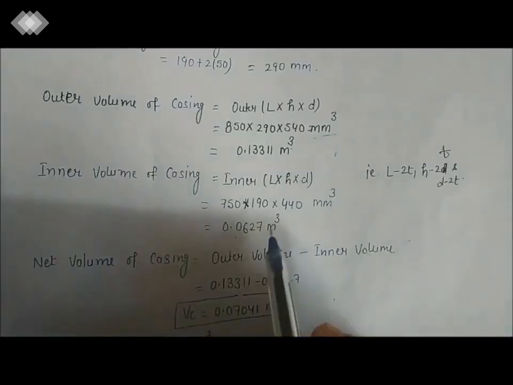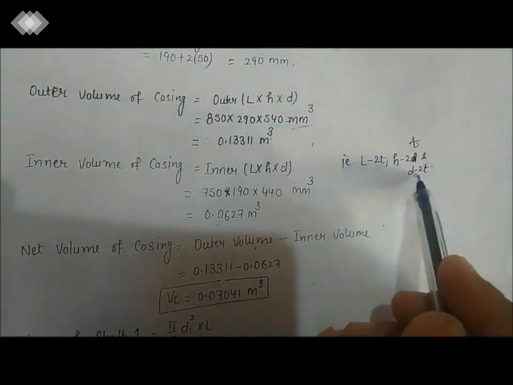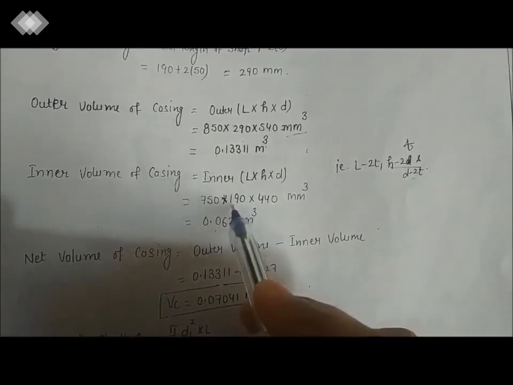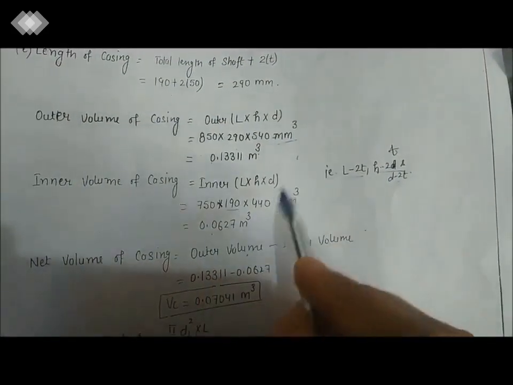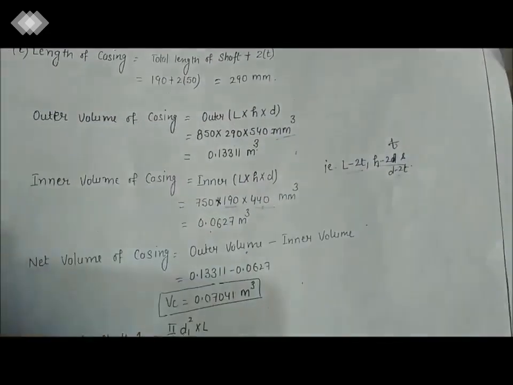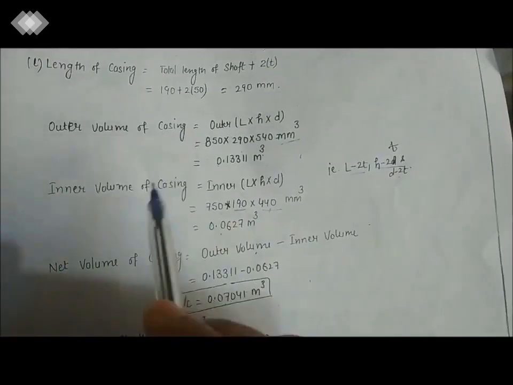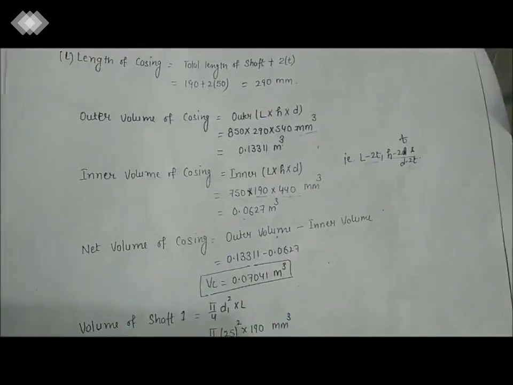Depth of the casing minus 2t gives inner depth. After multiplying these terms, we get inner volume of the casing, 0.0627 meter cube. Hence net volume of the casing is outer volume minus inner volume.